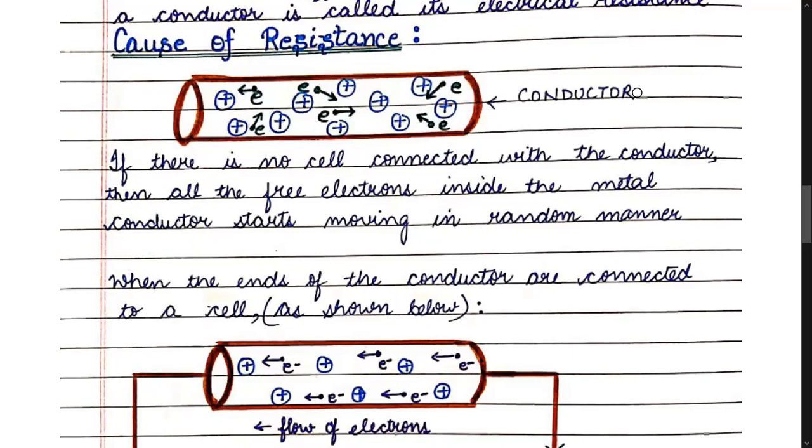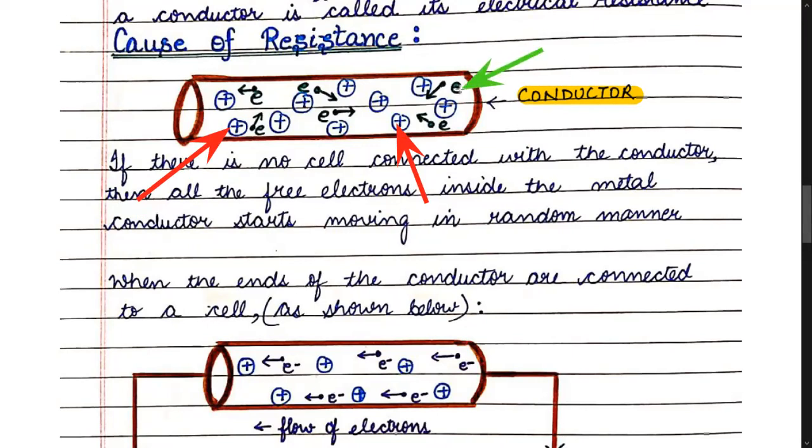Students, here the first cylindrical tube represents the conductor, and in the conductor we have positive metallic ions as well as negative electrons. Students, positive ions does not mean they are protons.